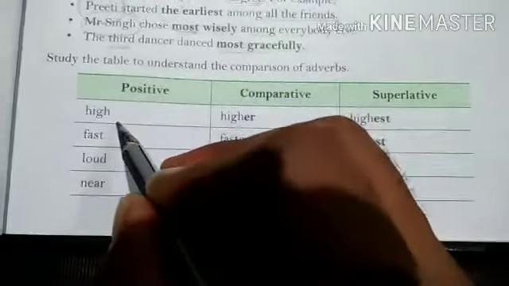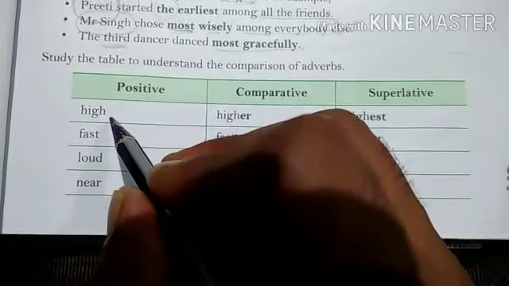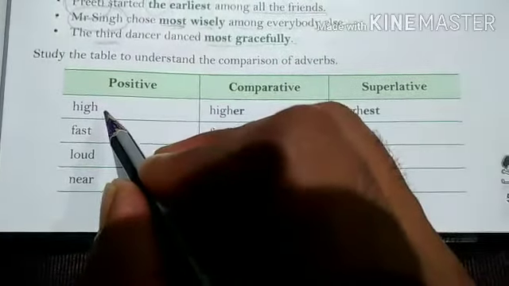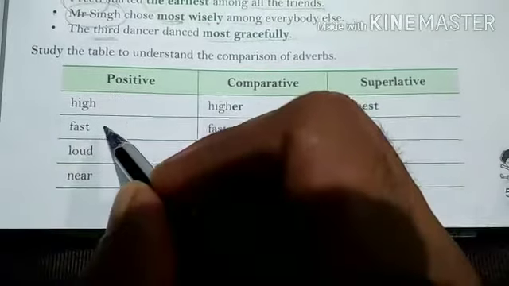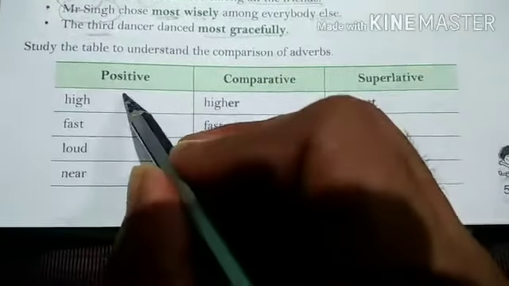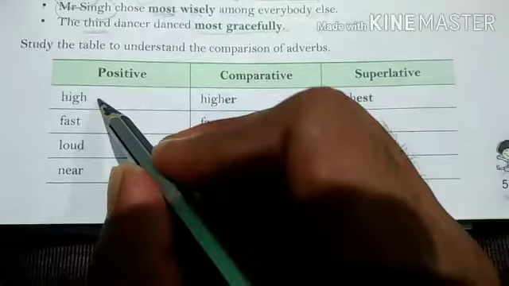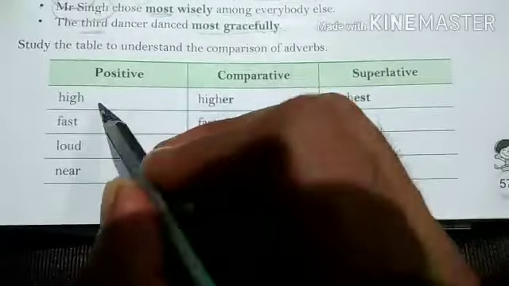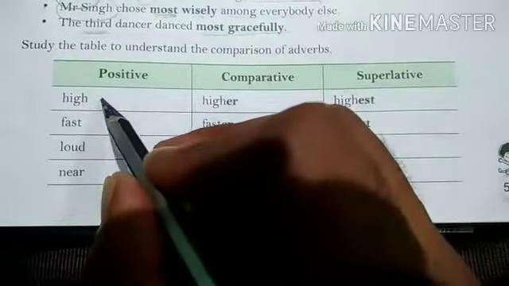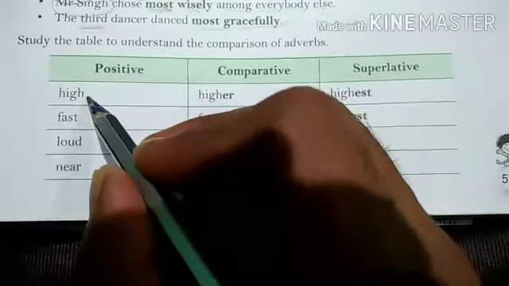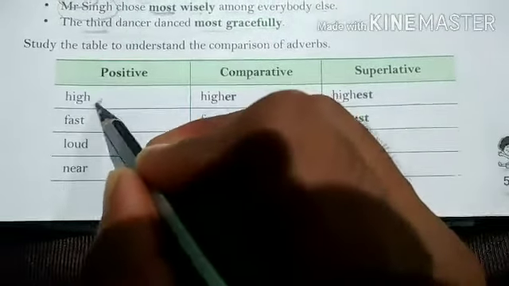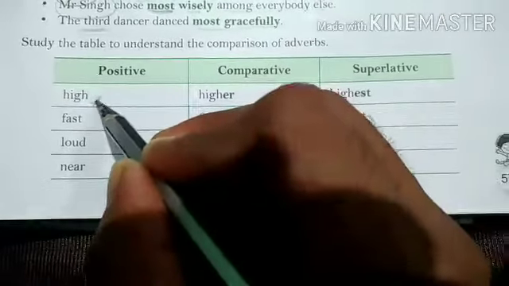As we have understood word syllables in degrees of adjectives, here in adverbs also we have to understand word syllables. There are so many adverbs which are used the same as adjectives, like high. High can be used both as adjective and adverb.